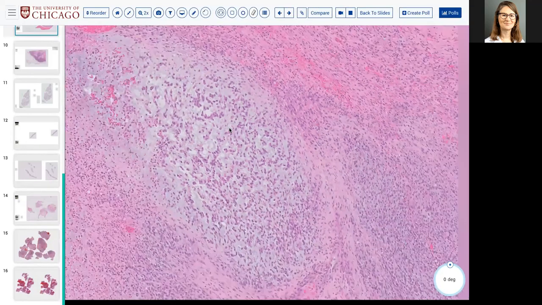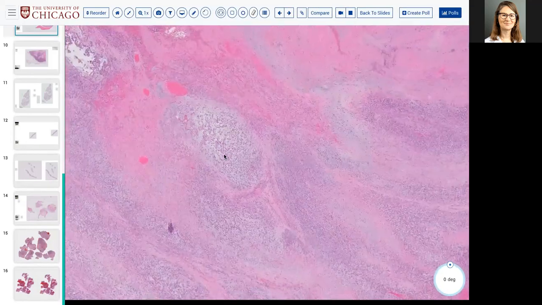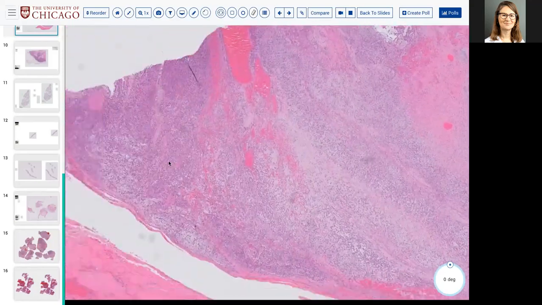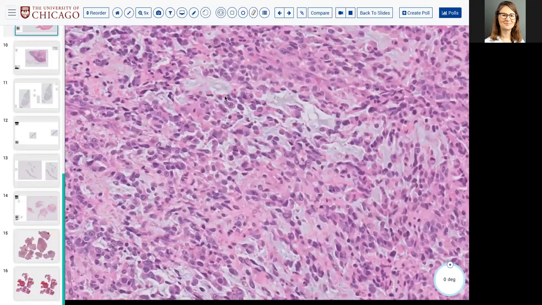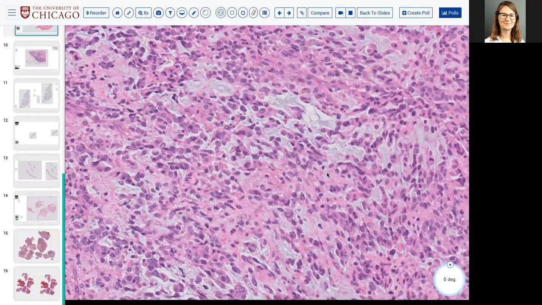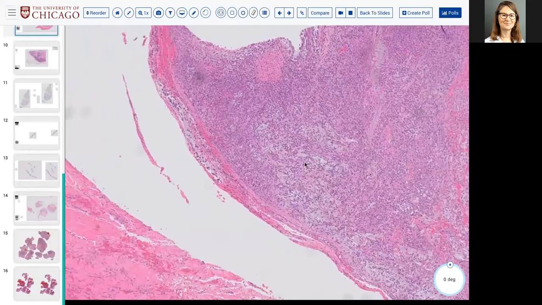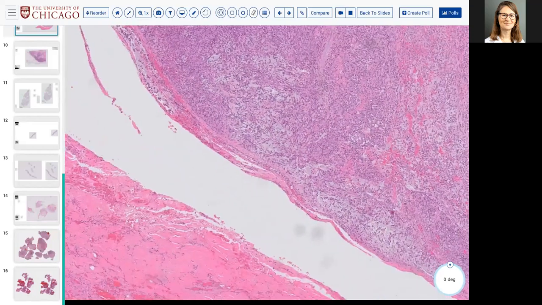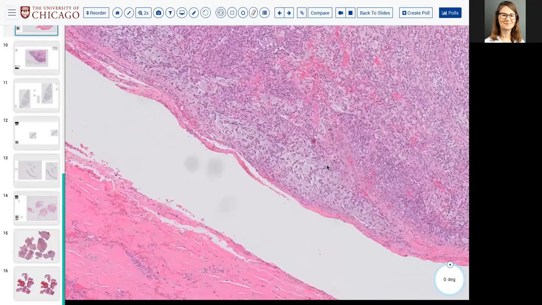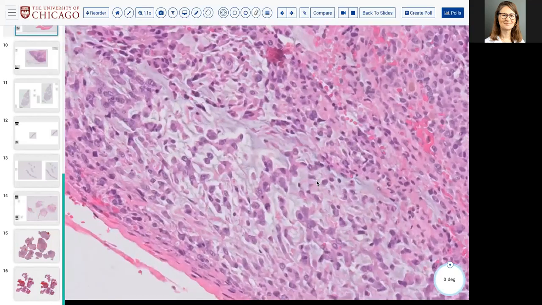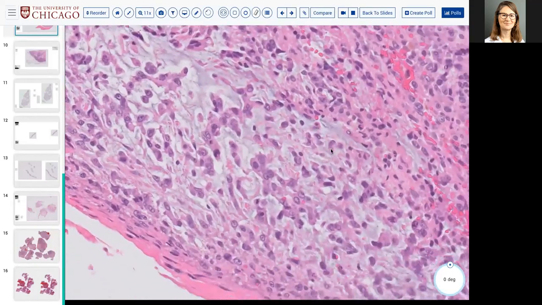And so the morphology of these cords of cells with the myxoid background, with, as we were seeing before, some of that very plasmacytoid, or even one might argue, rhabdoid morphology, should make you at least put this panel of markers on it. And if any one of them is positive, you can now call it a myoepithelial carcinoma or a myoepithelioma.